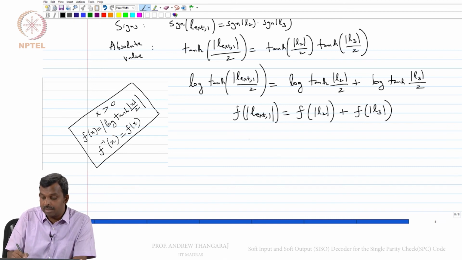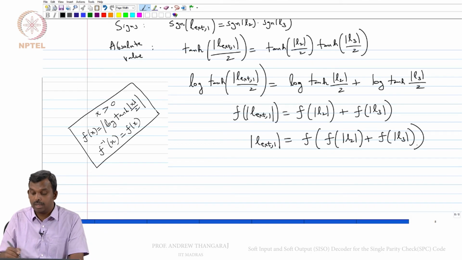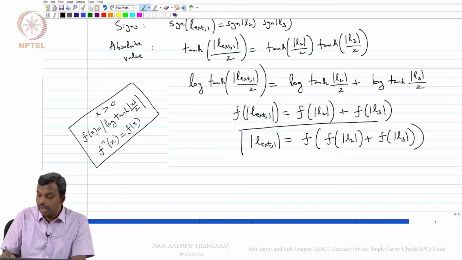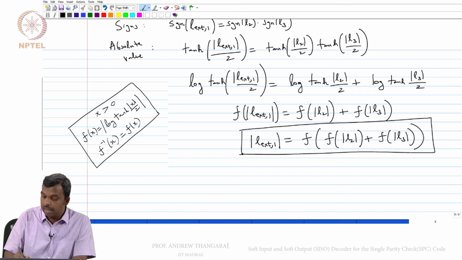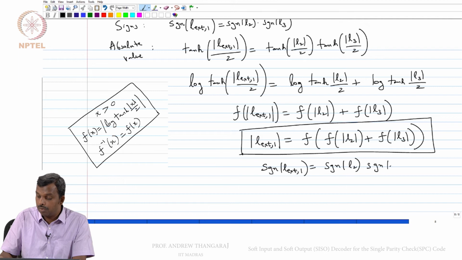Take f on both sides, you will simply get absolute value of Lext1 equals f of absolute value of L2 plus f of absolute value of L3. So this is another way to write down the tanh rule. This, and sign of Lext1 equals sign of L2 times sign of L3.